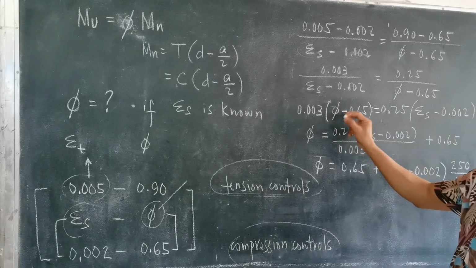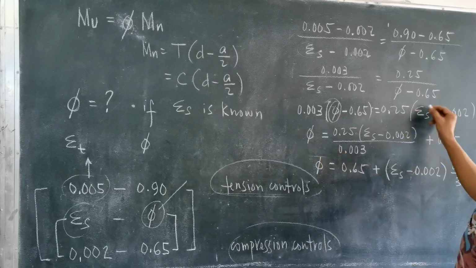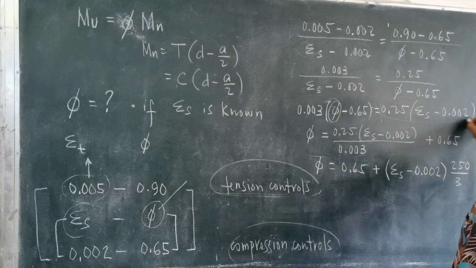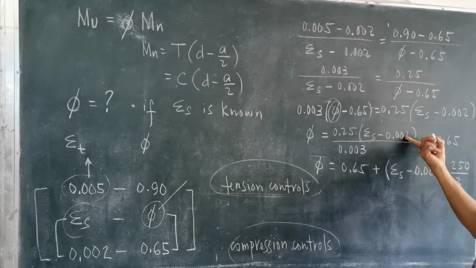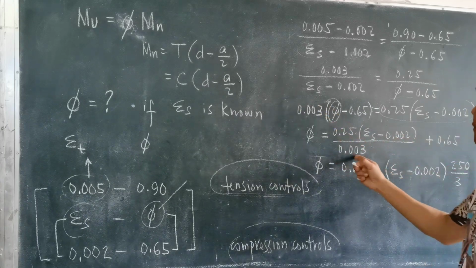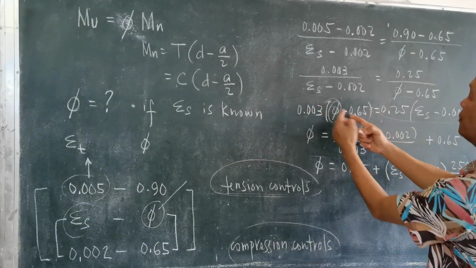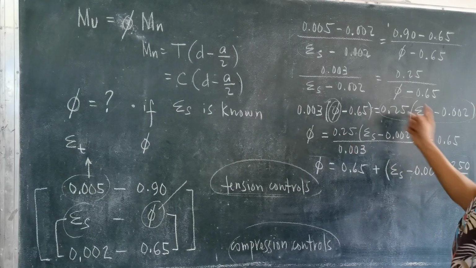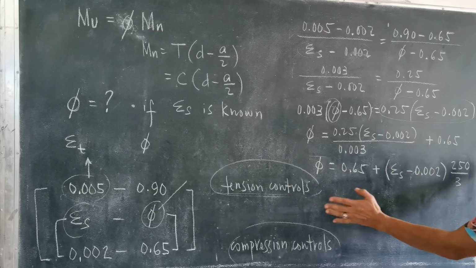Then we will now solve for phi. So phi is now equal to 0.25 times the actual strain minus 0.002, divided by 0.003. Then we transpose the 0.65, so negative becomes positive 0.65, and we just change the position.